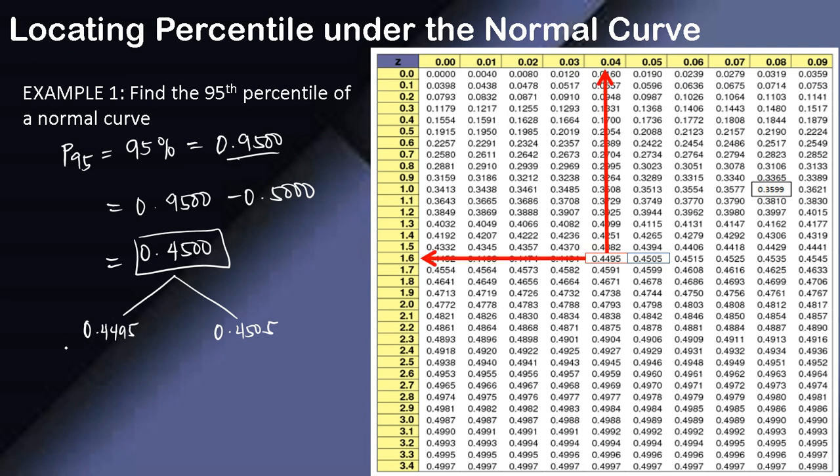It will give you 1.64. Okay? And the next one, it will give you 1.65. So again, siya yung dalawang mas malapit na Z score doon sa 0.4500. Ang target lang natin dito is mahanap ang Z score ng 0.4500.